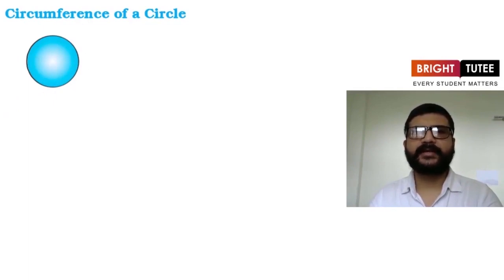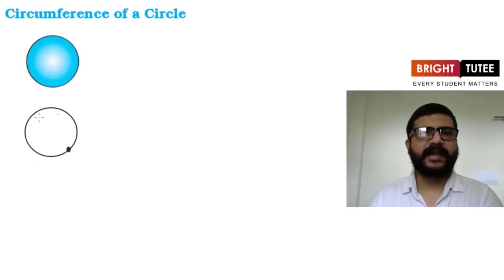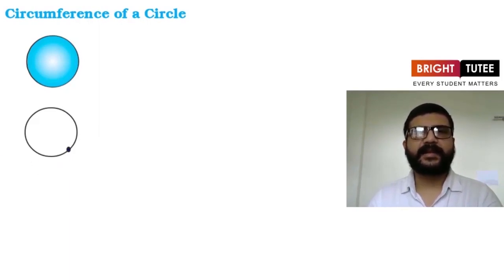Let's mark any point on this circular region like this. So here we have marked one point on the circular end of this circular cardboard. Now we have to place this circular card on the table such that this marked point touches the table.